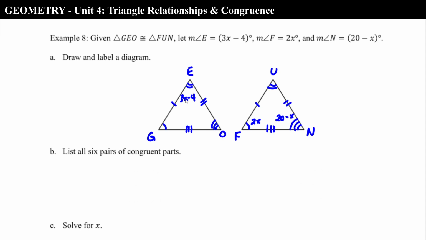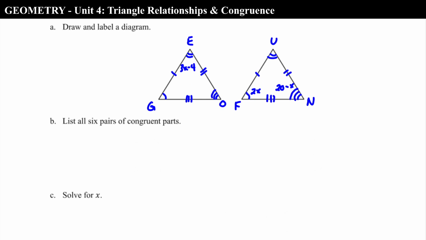Now let's list all 6 pairs of congruents. So we have angle G is congruent to angle F. Angle E is congruent to angle U. And angle O is congruent to angle N. Similarly, GE is congruent to FU.